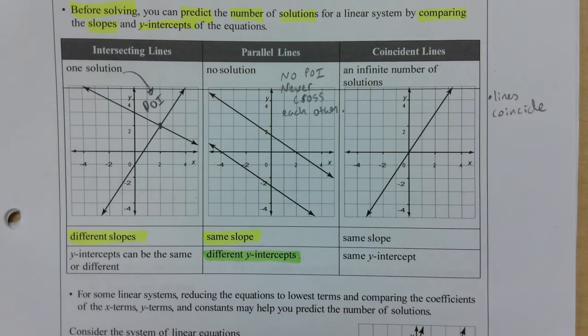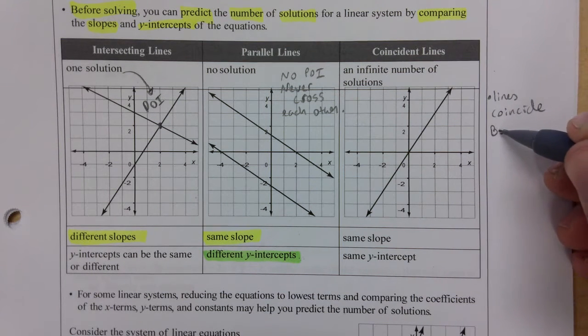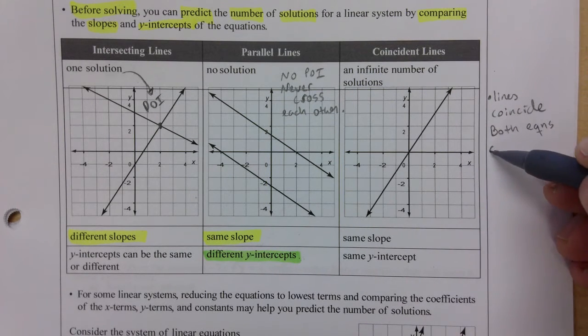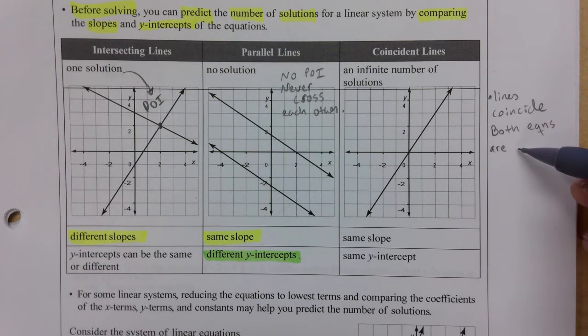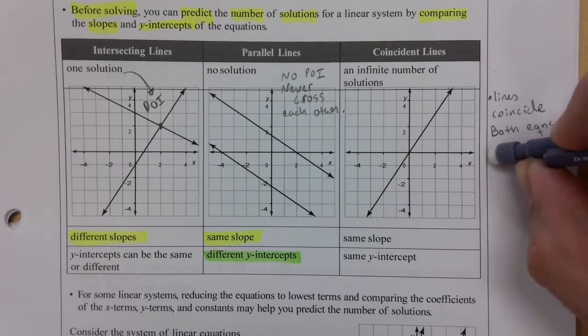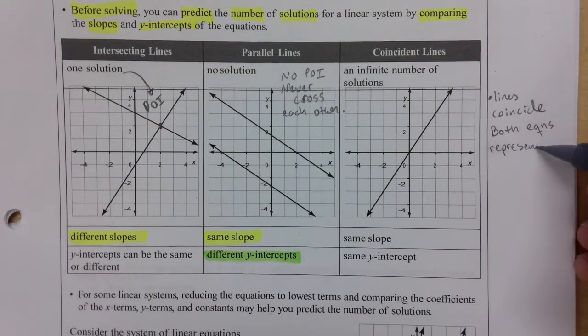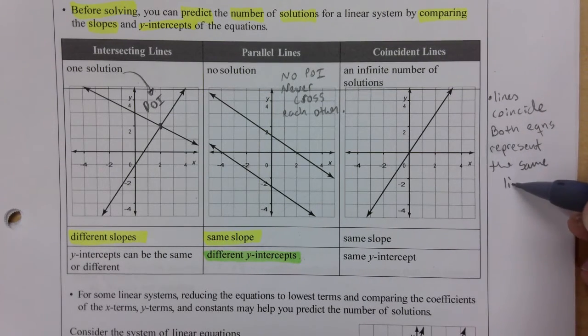When you're coinciding, you're basically saying the same thing. Both equations represent the same line.